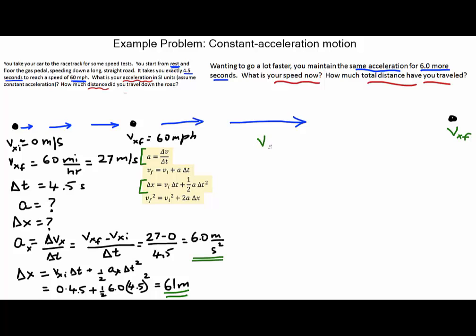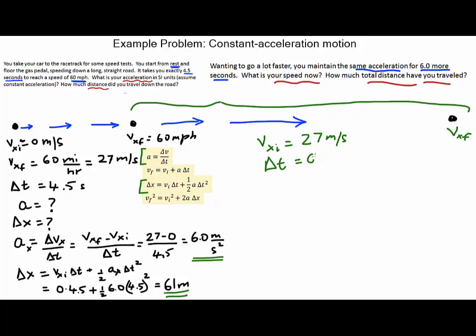I've got Vxi no longer as 0 because now my motion that I'm considering is between here and here, which took 6 seconds. So Vxi is the 60 miles per hour, which is 27 meters per second. I have delta t of 6.0 seconds. I've got acceleration, ax, of the same thing that we found out before, 6.0 meters per second squared.